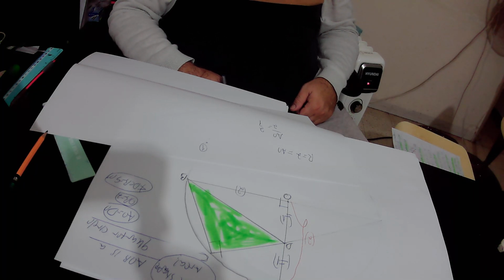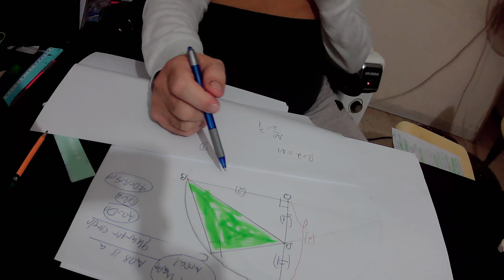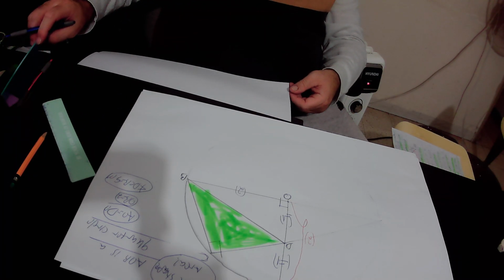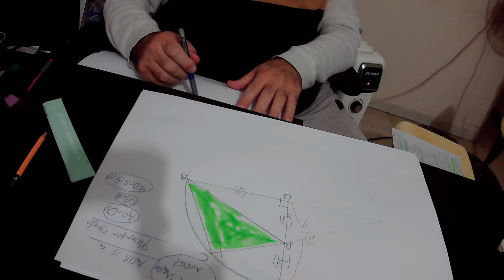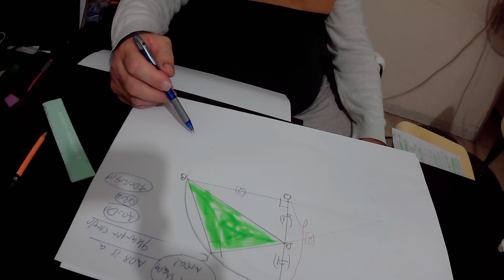Here we can implement the Pythagoras theorem on this right triangle ODB. In the right triangle ODB, according to the Pythagoras theorem, in any right triangle, the square of the hypotenuse equals the sum of the squares of the perpendiculars.